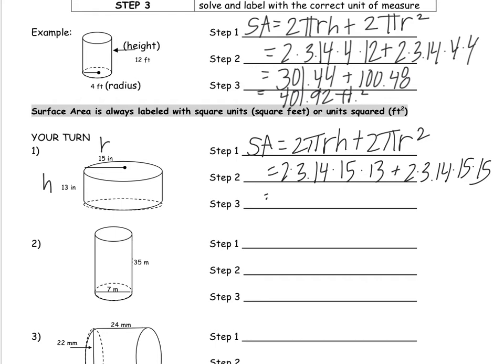And you get, let's do the multiplication first. 1,224.6 plus 1,413.